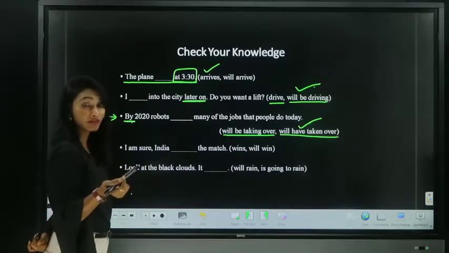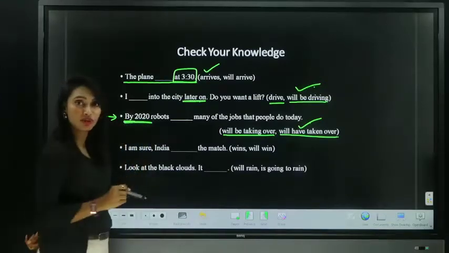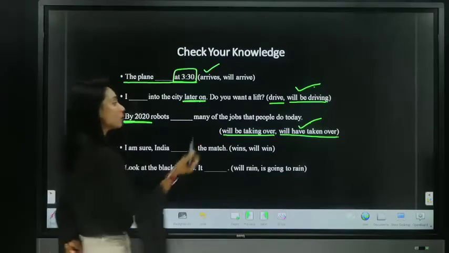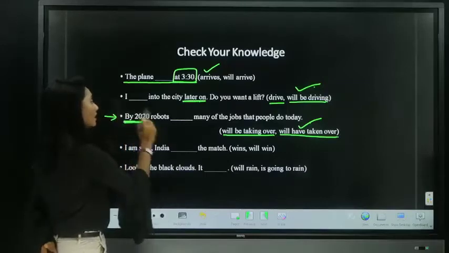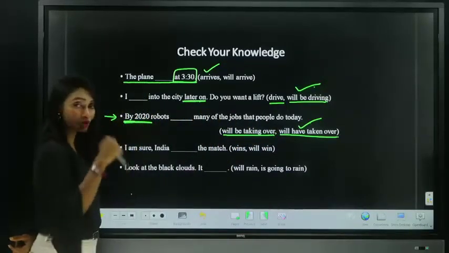That is okay for future continuous. But here it started with by 2020, which is a time indicator for future perfect. So we have to go with future perfect tense. I hope it is clear. So by 2020, robots will have taken over many of the jobs that people do today.